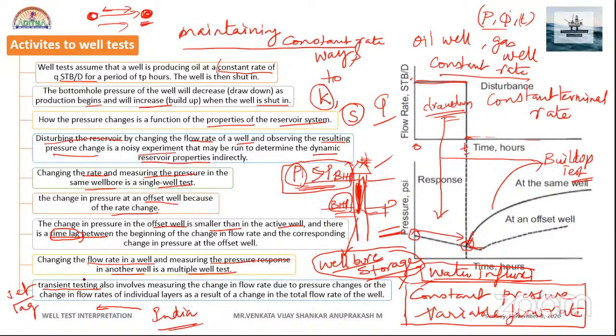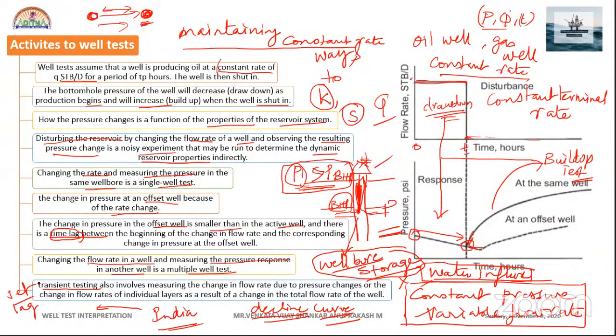Nowadays they are not referring to it as well testing, but calling it transient testing. Of course the technology is the same. What is the difference between the transient test and your well test is, it also includes the decline curve analysis. Both will give you some information about your reservoir.